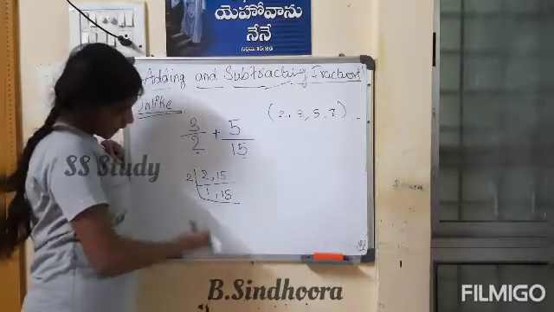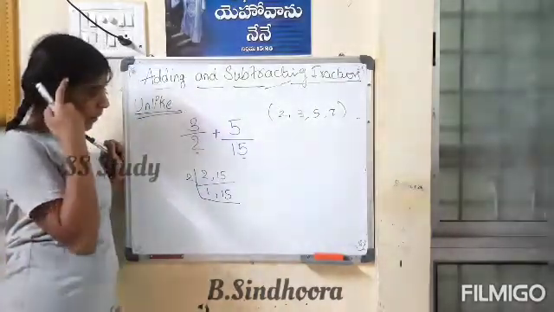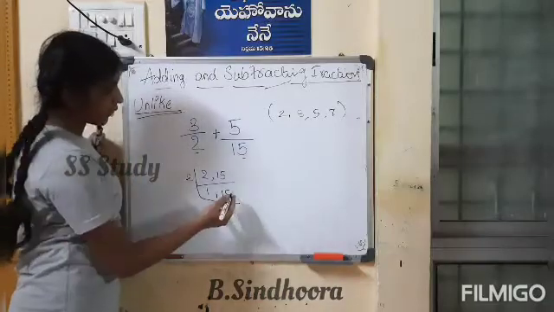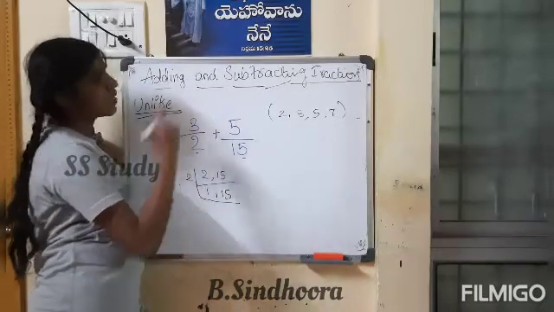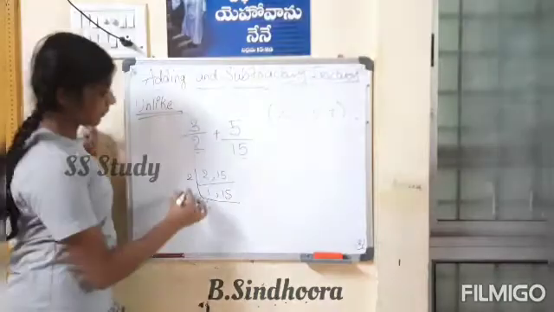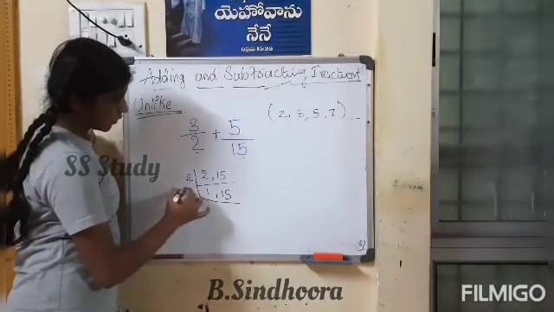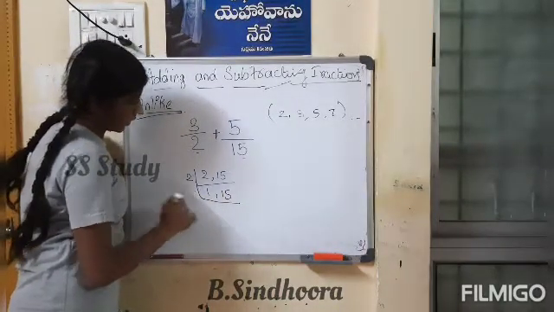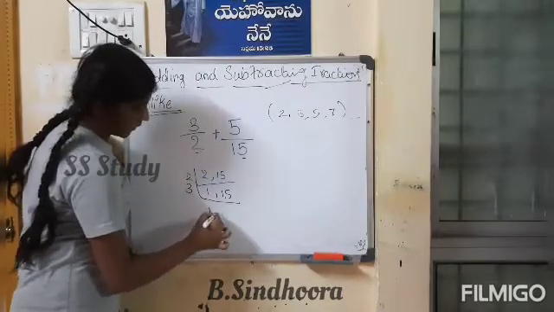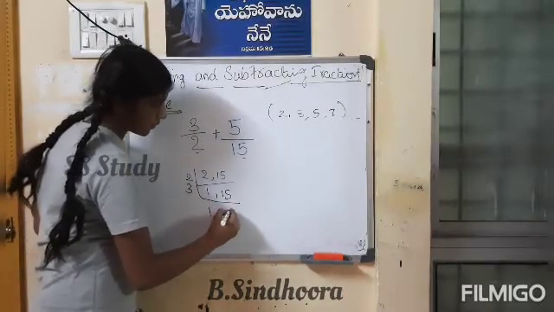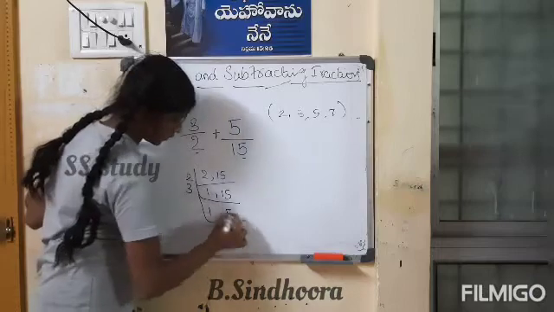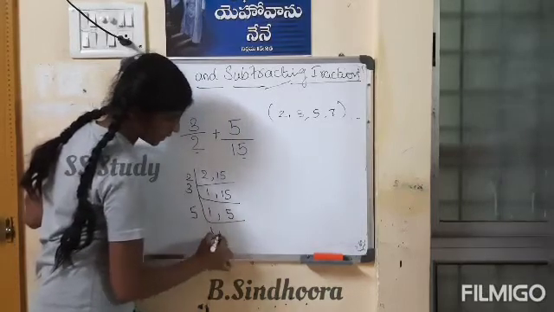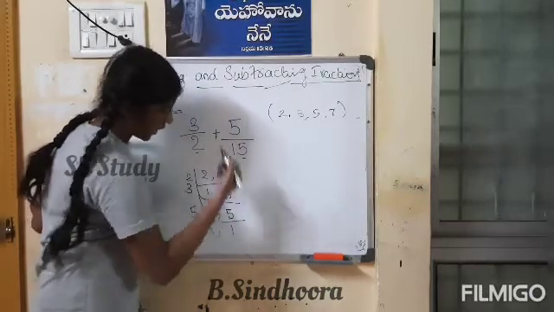Is 15 in the prime numbers? Let me take the 3 table: 3 5s are 15, so 5 as it is. 5 ones are 5.